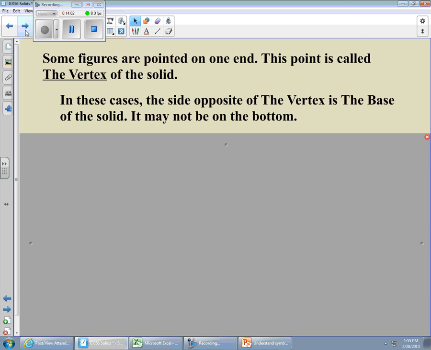This location is called the vertex of the solid. Now, if that language sounds familiar, us calling something the vertex of a figure, you may recall that back in probably October or something like that, we spent some time talking about isosceles triangles. And isosceles triangles had a location that we called the vertex.